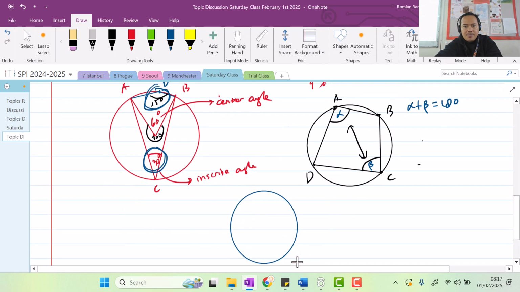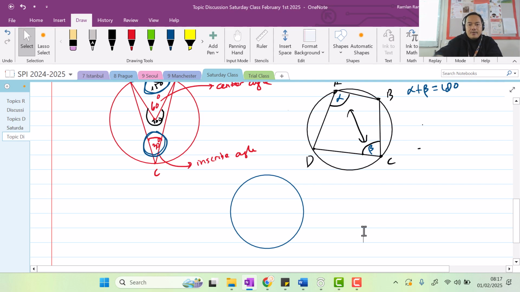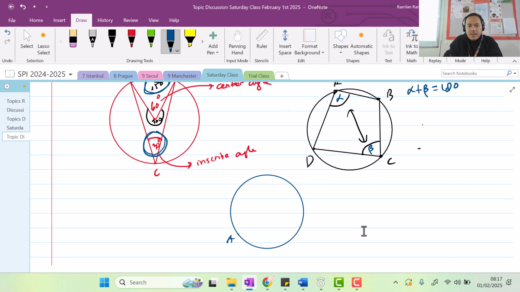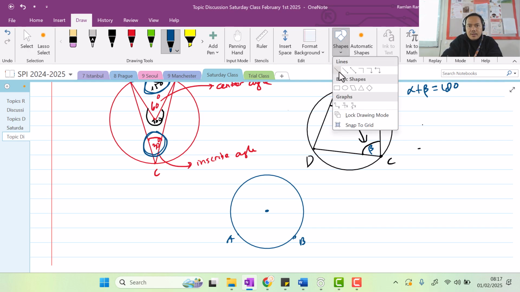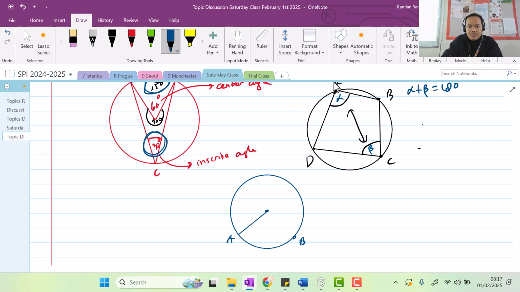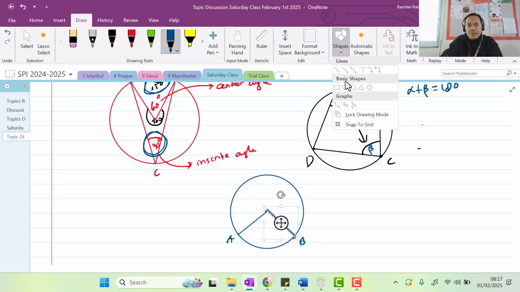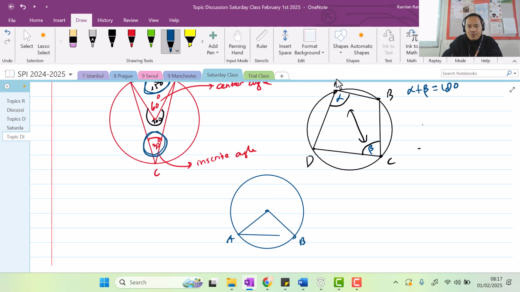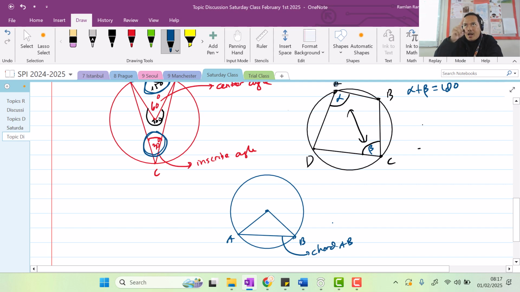So let's say I have another circle over here, and then I have a point A and point B, and I have center point O over here, and then I'm going to again draw a radius from the center point to A and also to B. And then I want to know the length of this line over here. This is what we call a chord, chord AB. Be careful, there is an arc and there is a chord. An arc is the curved one, and a chord is the straight one.